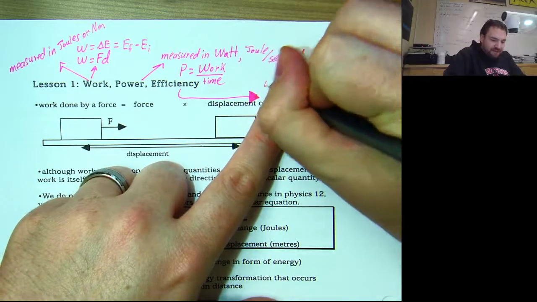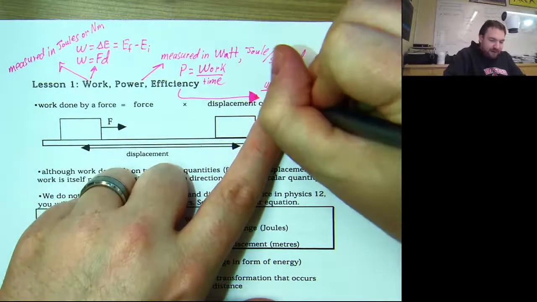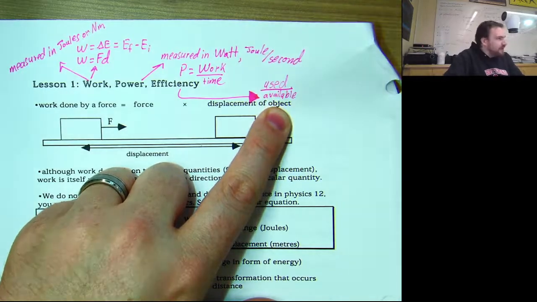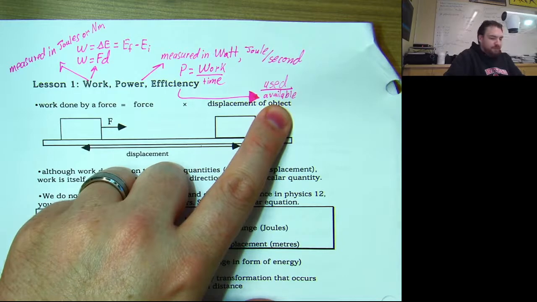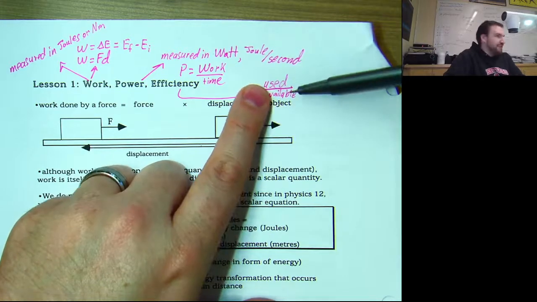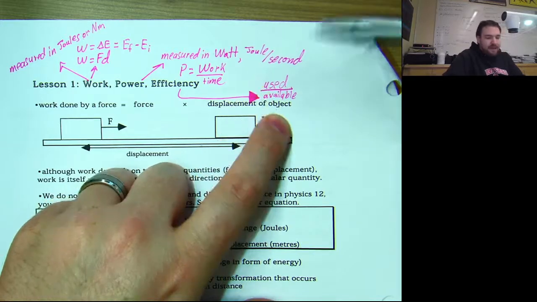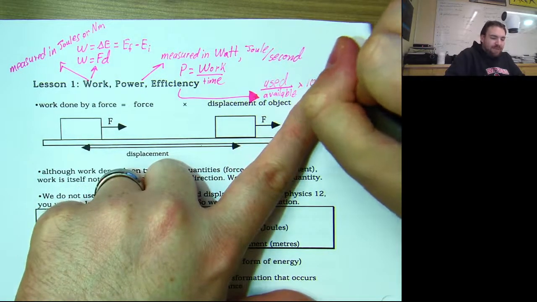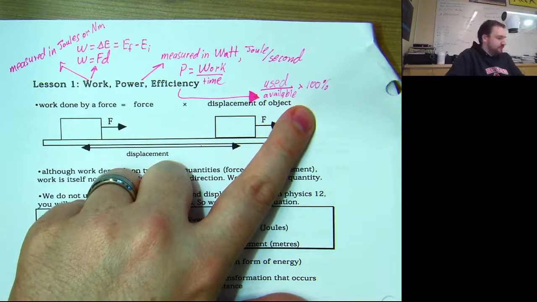I'll say it like this: whatever is used divided by what was available. Available is all of the energy that is present at the beginning, provided by the motor, and whatever energy is actually used to do the work. And then we multiply that by 100% to give us percent efficiency.